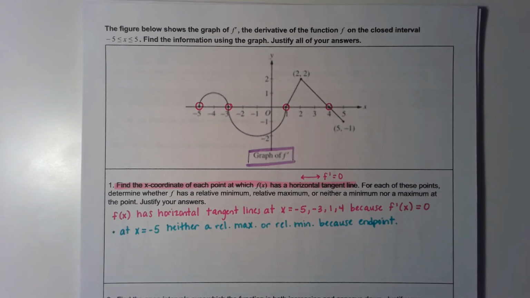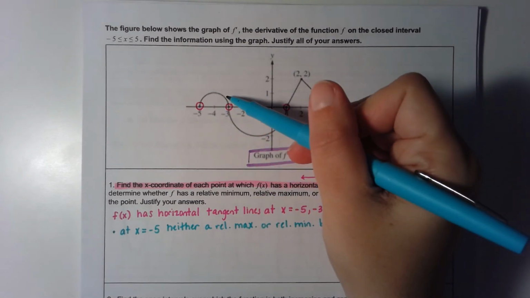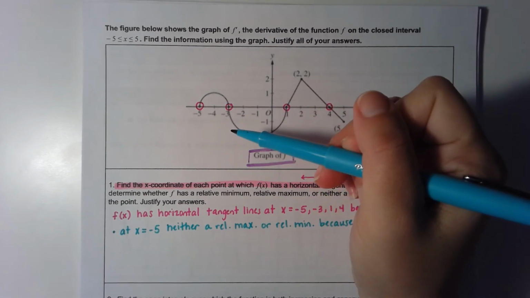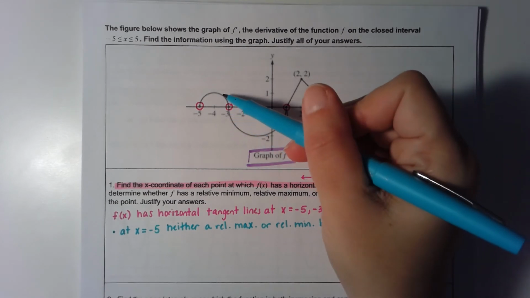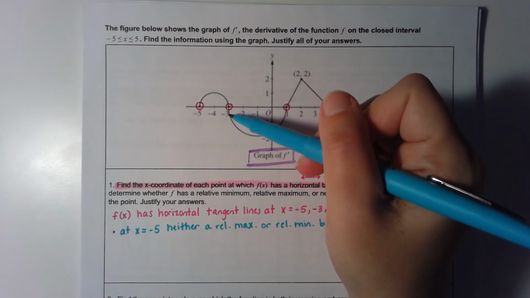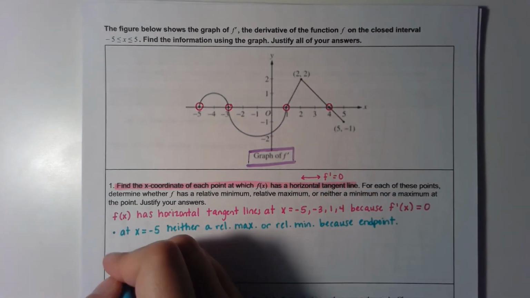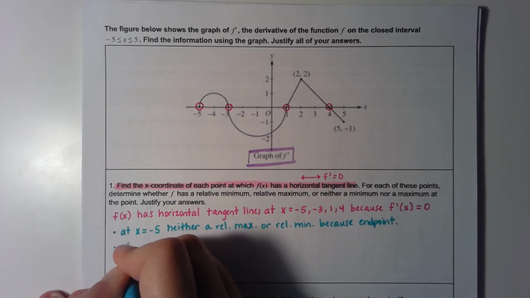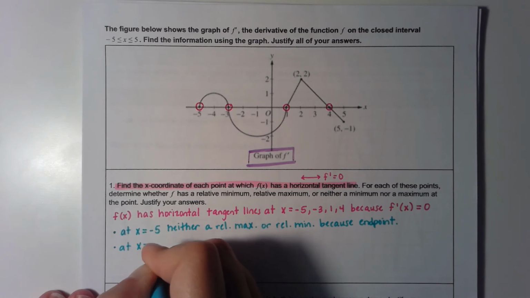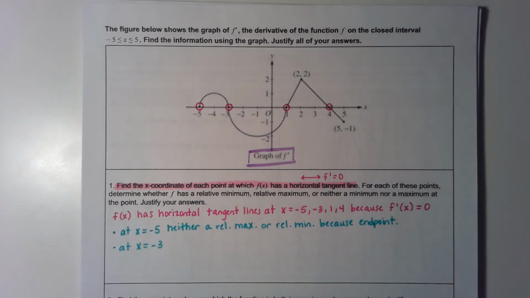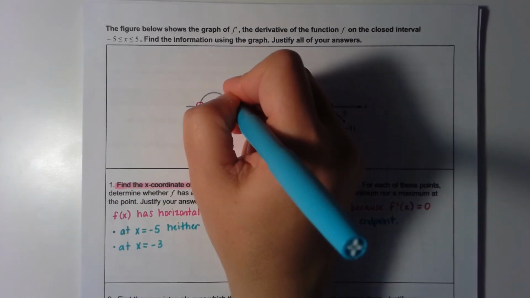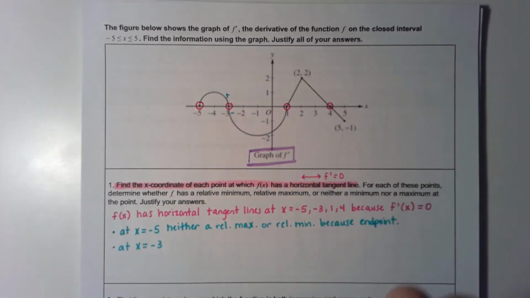Next, let's look at -3. So at -3, this graph changes from above to below. That means the original graph is changing from a positive slope to a negative slope. So what that means is that at x equals -3, the original graph would have had a maximum because we're changing from a positive slope to a negative slope.